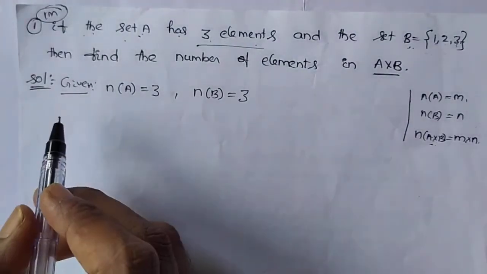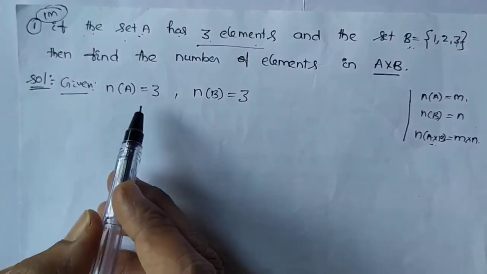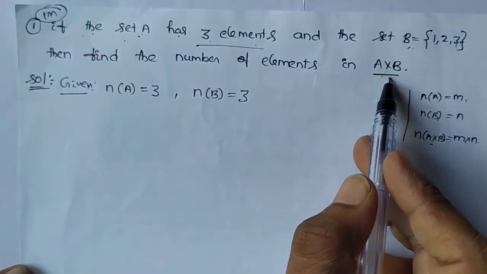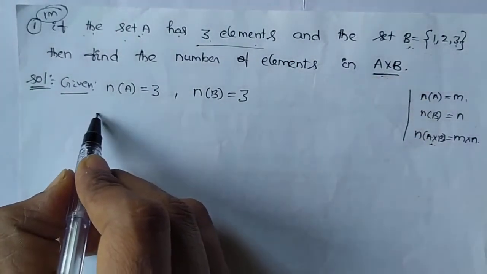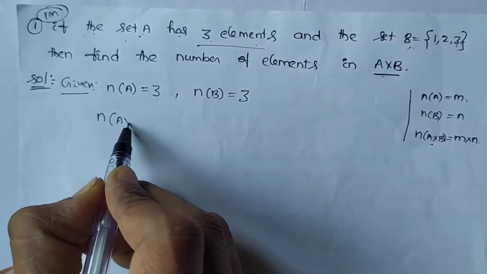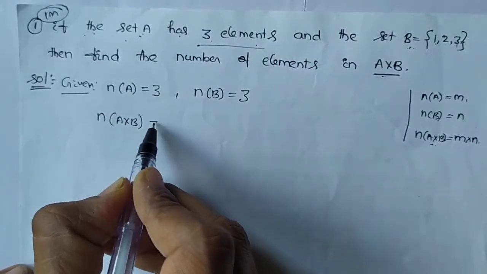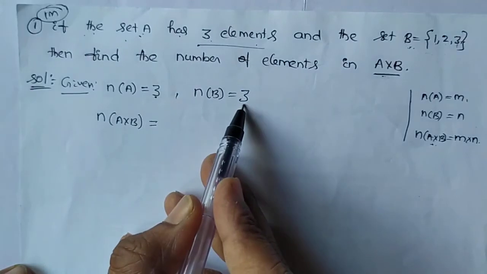Now we have to find the number of elements in A cross B. Number of elements in A cross B equals 3 into 3.